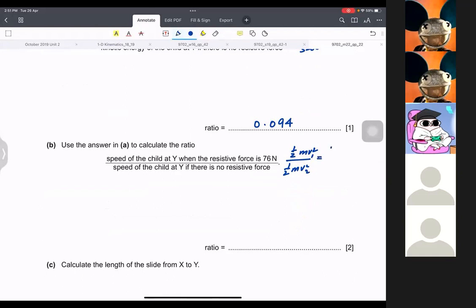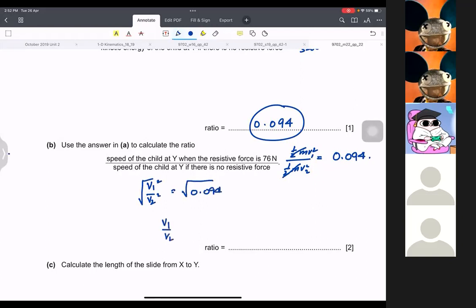This is equal to 300 and this is equal to 3200, or this ratio, so we can directly write 0.094 like that. Now half m, because we're talking about the same mass, same person, doesn't matter. So we want to find the ratio V1 over V2. If we take the square root on both sides, we're going to get the answer.